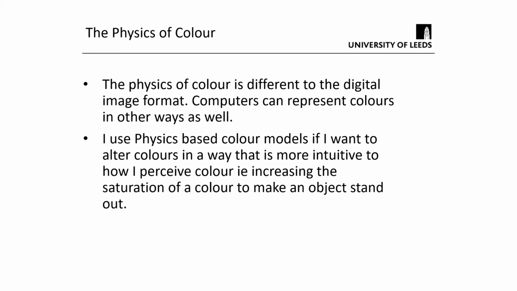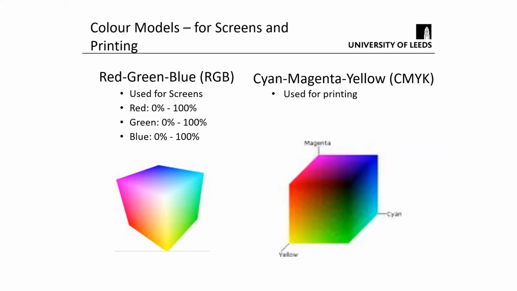So sometimes I'll change to a physics-based lighting model when I can't get the colours just right. And also saturated colours, which is to do with the physics of colour, can pop in an image. So if you want to have a saturated colour for an object that you want to draw your viewers to, you might want to use a physics-based model to pick that colour.